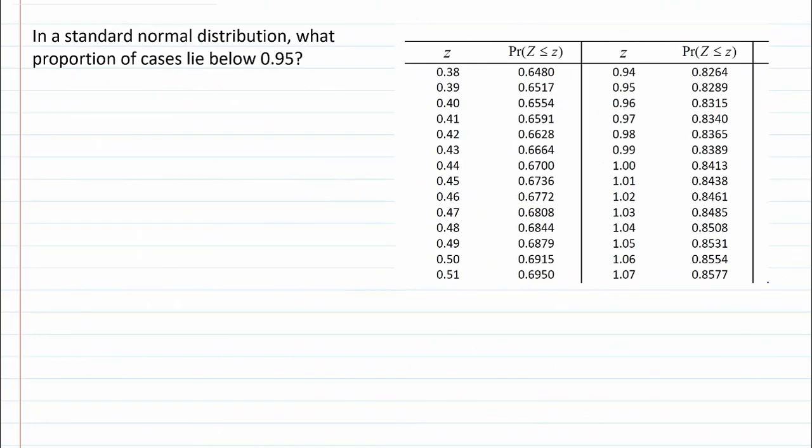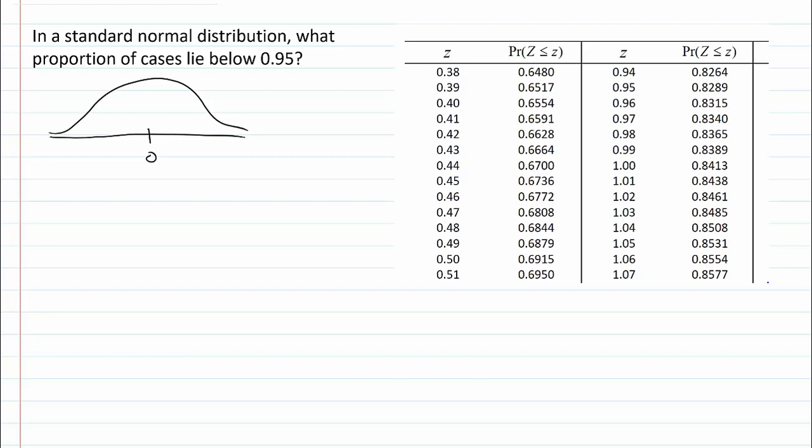The first problem asks, in a standard normal distribution, what proportion of cases lie below 0.95? The best way to get started with these problems is to draw a picture of what you're looking for. I can draw a standard normal density function that's going to have a mean of 0.